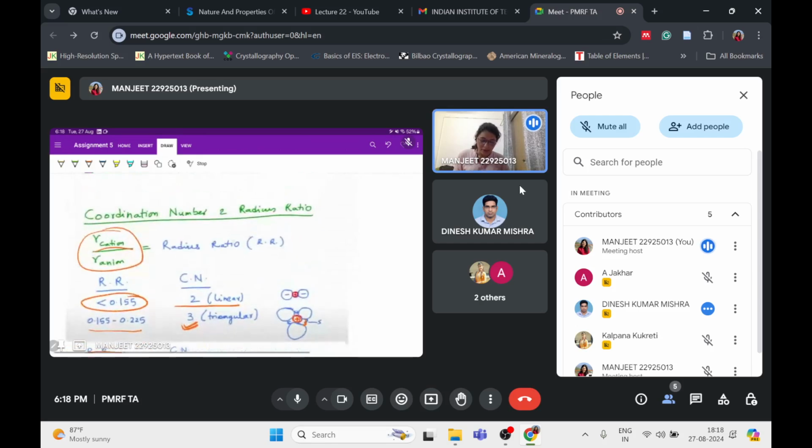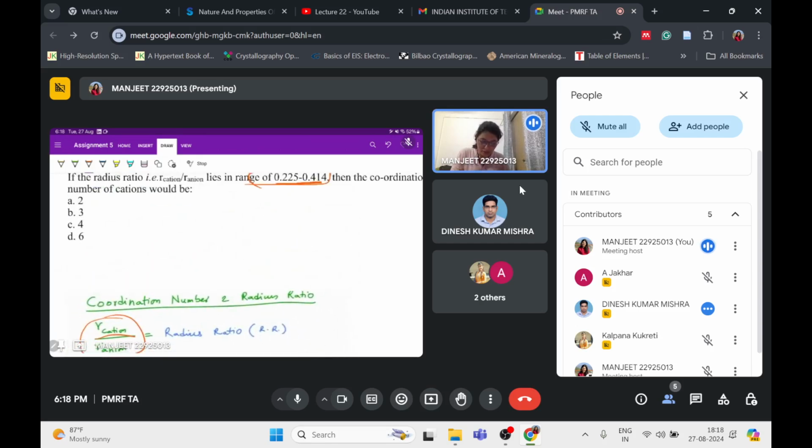It depends on how the size of the cation compares to the anion, and in what range the radius ratio lies. This corresponds to how the different cations and anions are arranged in the lattice, and how they are coordinated.